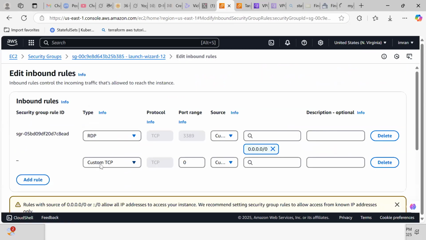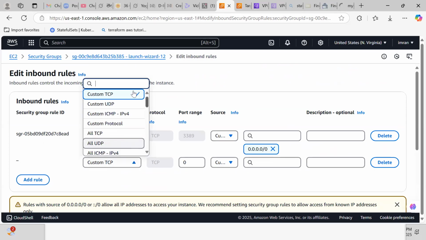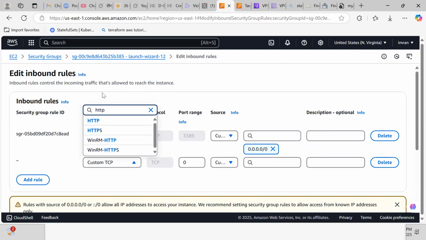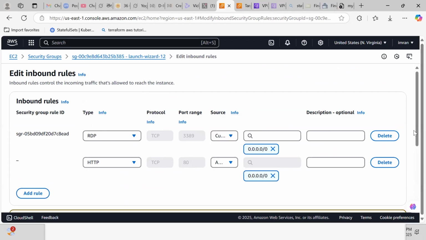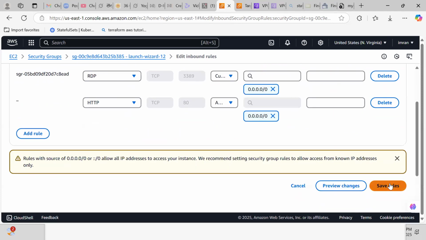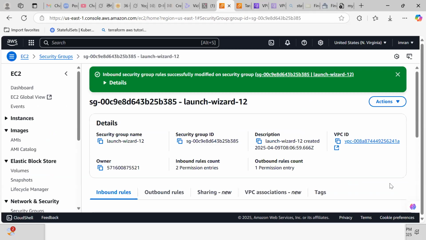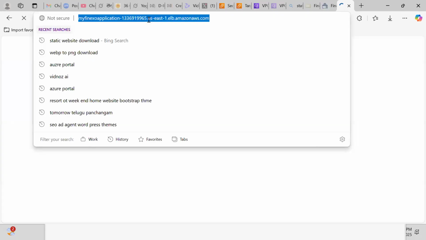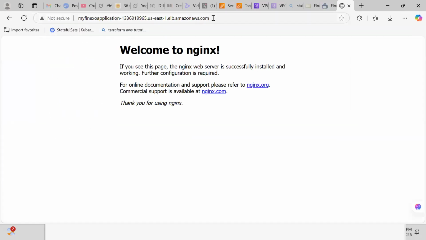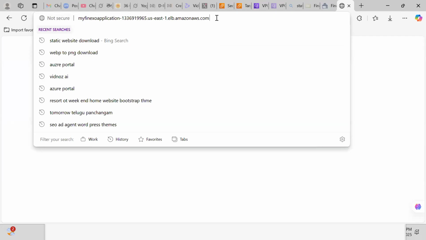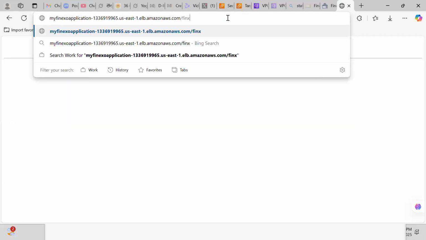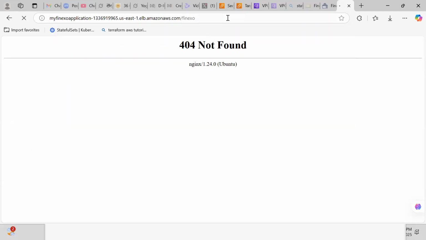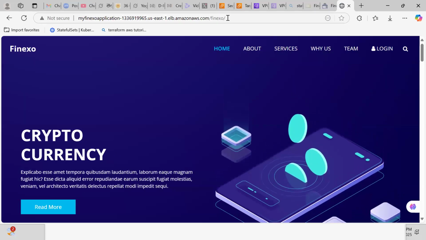Definitely we need to open HTTP here. So now only the Nginx is there. Sorry, it's a small typo. Now that website is working.